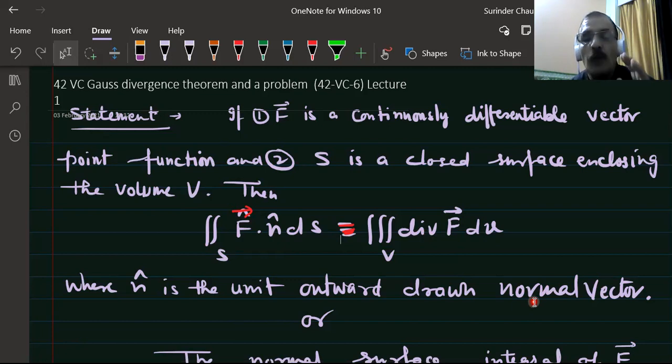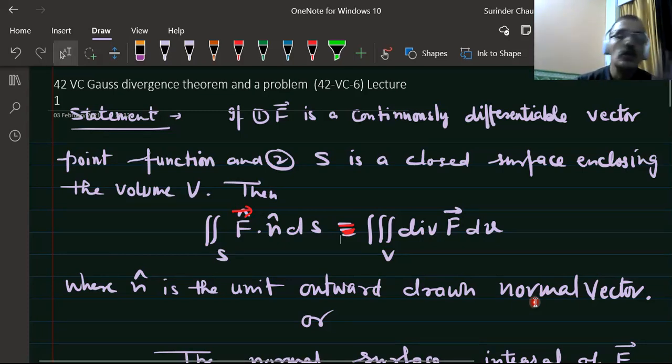So at each face, if the surface consists of a finite number of smooth surfaces, you have to find the normal n for each smooth surface, find the surface integral over each, and the sum will give you the surface integral over the whole surface.